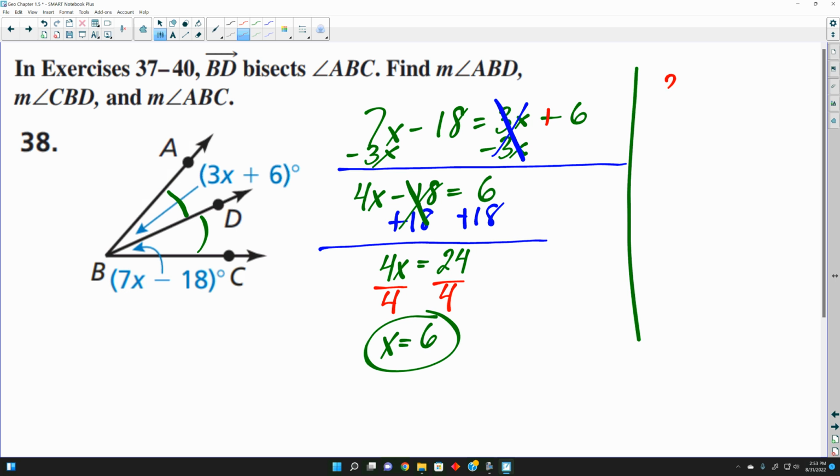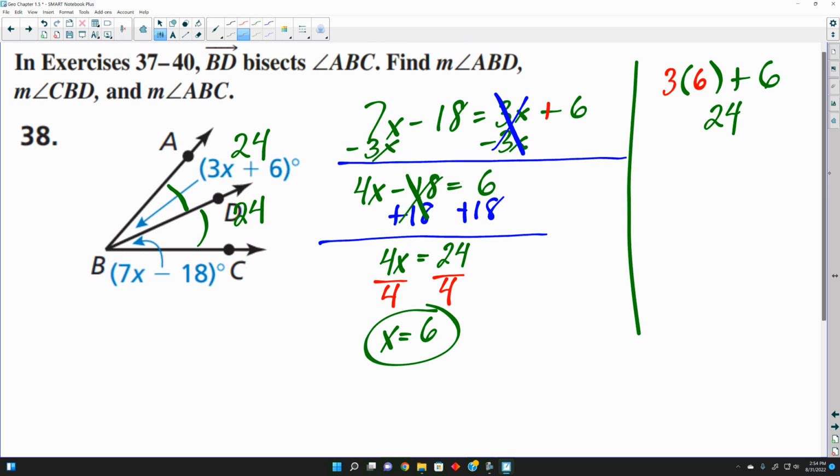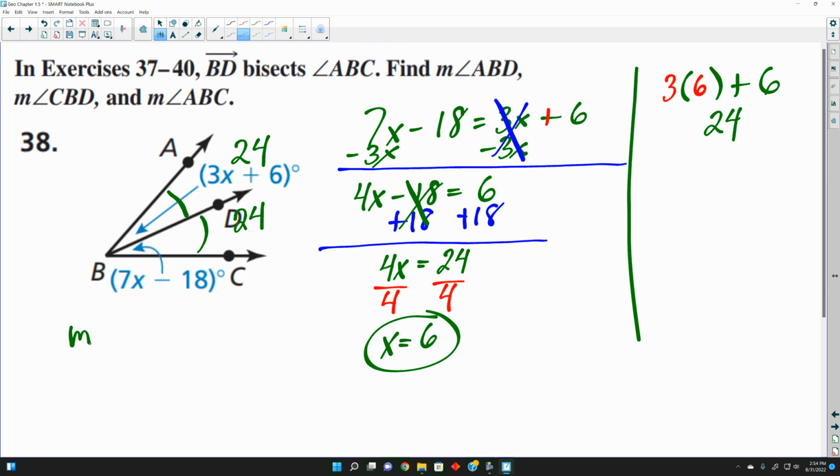And you got that from doing 3 times 6 plus 6, yes? 24. So we have 24, which means the other one's 24, and the whole thing would indeed be 48. And when we list it out, we could say that the measure of angle ABD is equal to 48.